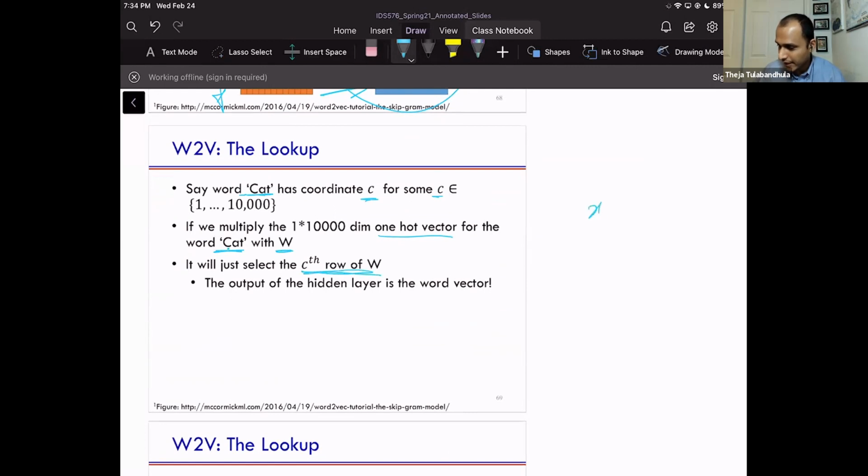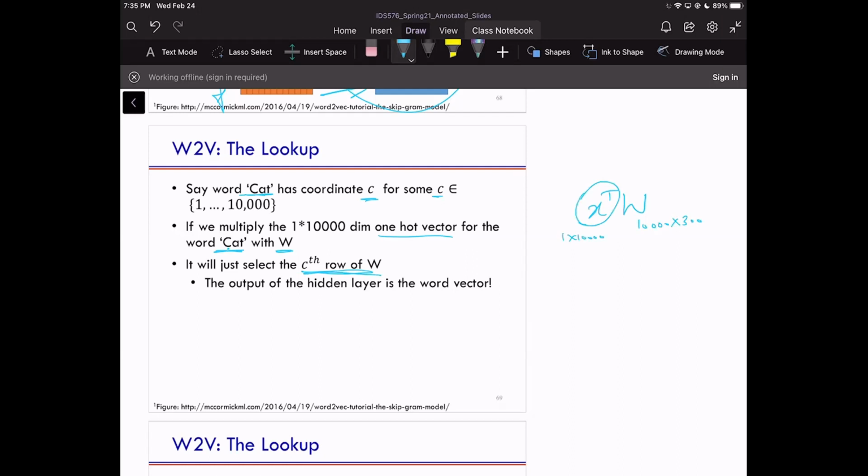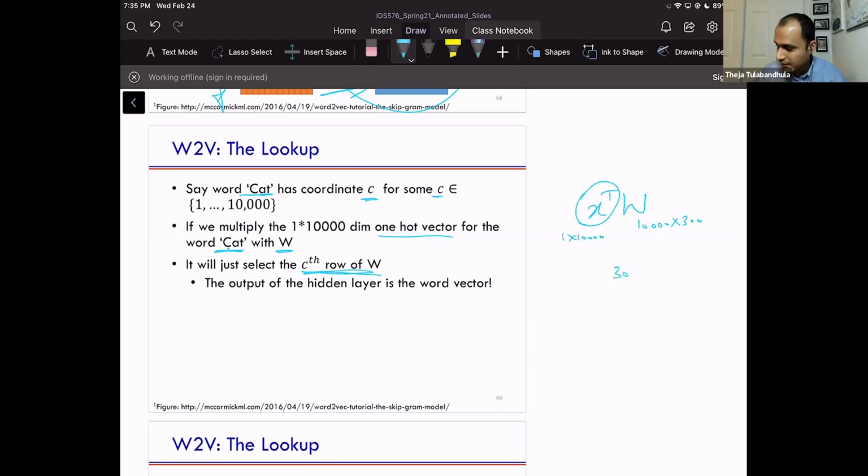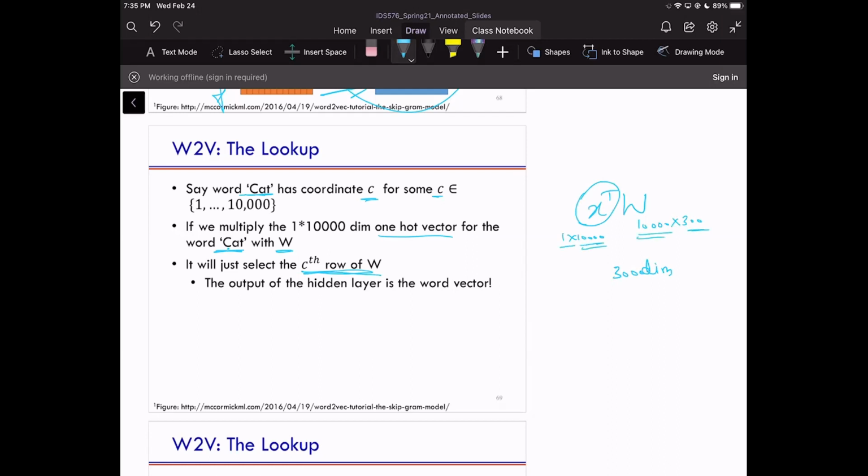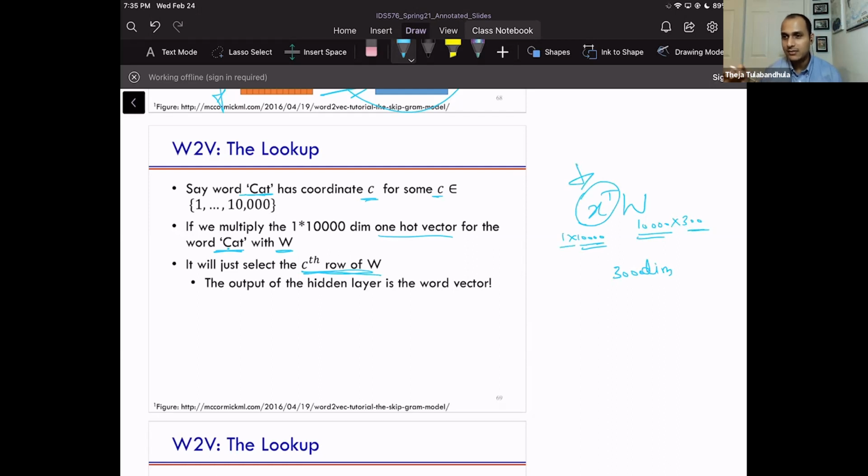So just this X transpose W. W is 10,000 cross 300, right? Now X transpose, this one hot encoded vector, is 1 cross 10,000. I just took a transpose. So the output is going to be a 300 dimensional vector. You can see that the dimensions match. This is 10,000, this is 10,000. So if you hit the embedding matrix with the one hot encoded vector, you literally get that row corresponding to the cat.